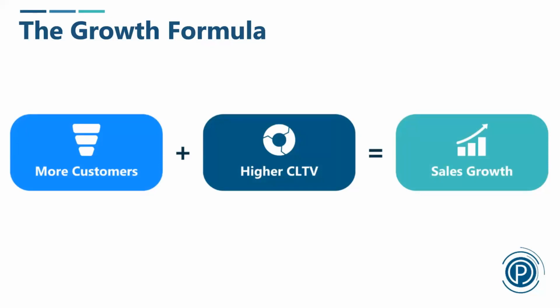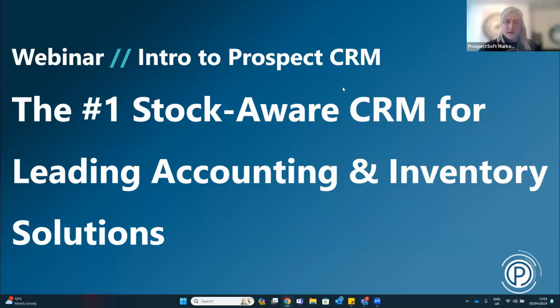We've got 2 areas here. The first one is getting more customers. Clearly, that's a key requirement for any successful business, regardless of industry. And then you couple that with looking at higher customer lifetime value, so higher CLTV, which is all about looking after your existing customers and looking to increase customer spend and customer retention.